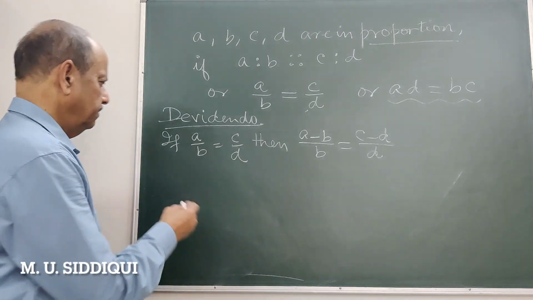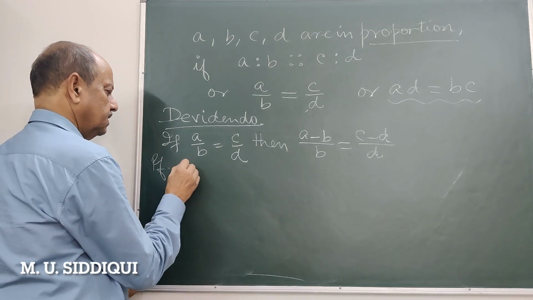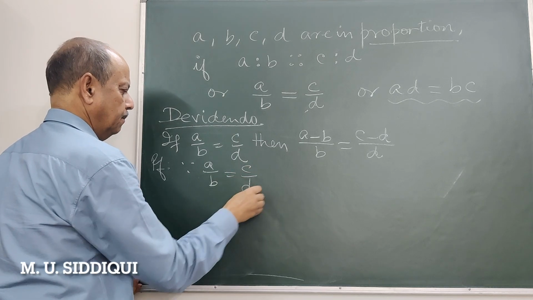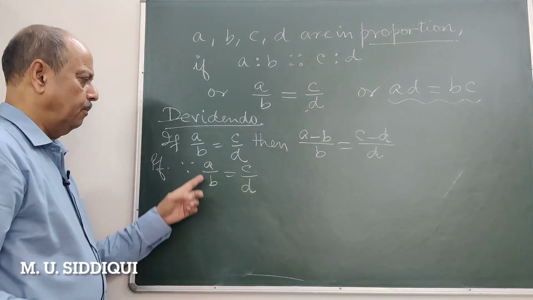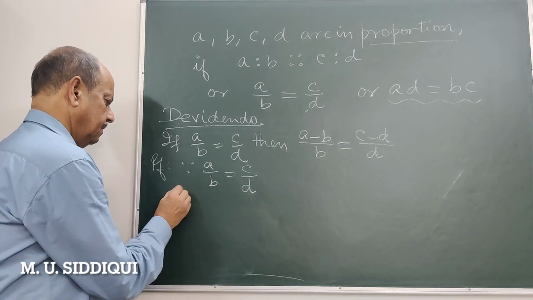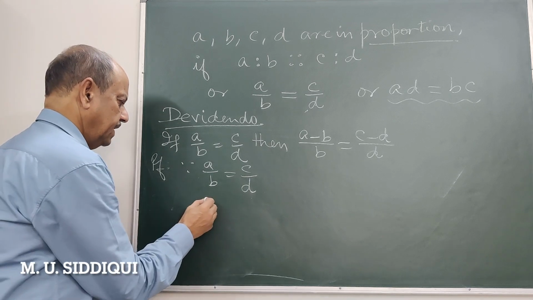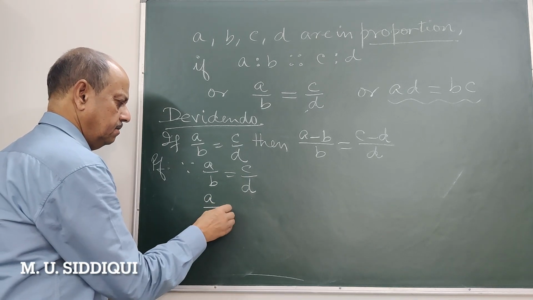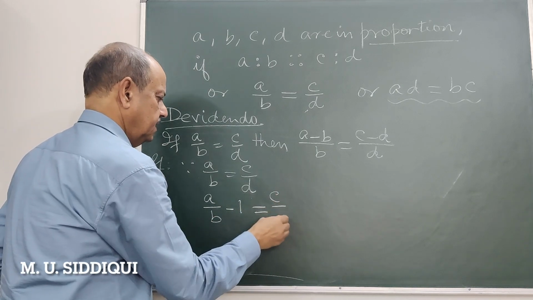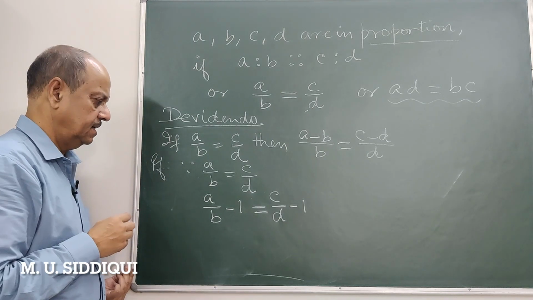As simple as the previous one, in the proof, since A upon B is equal to C upon D, earlier you added 1 on both sides. Now we are saying that if you subtract the same quantity, which is 1 again, from both sides, you will get A upon B minus 1 equals C upon D minus 1. What shall you get?